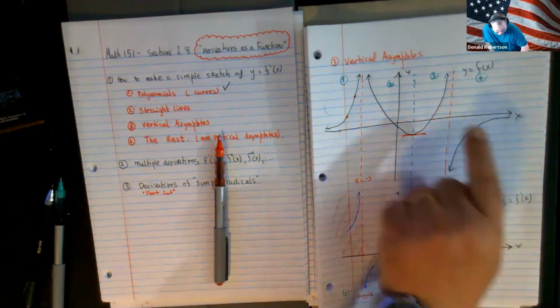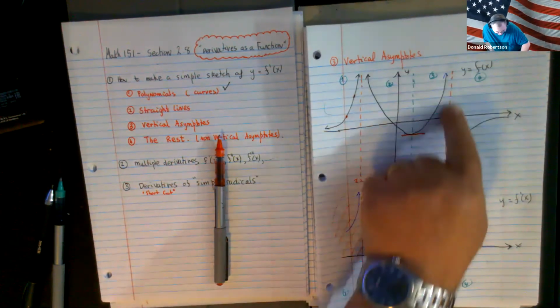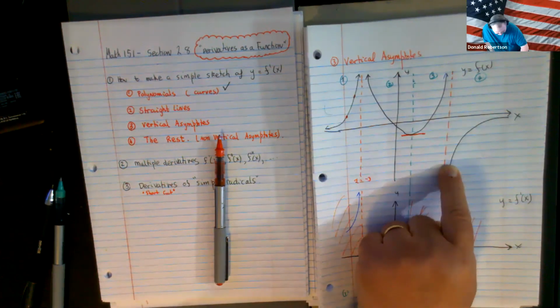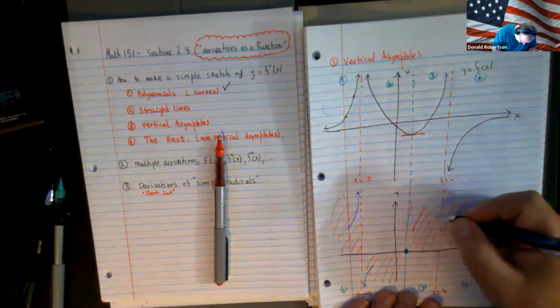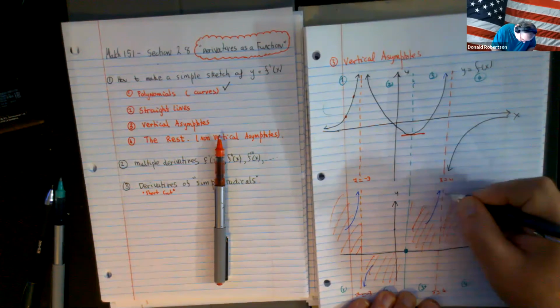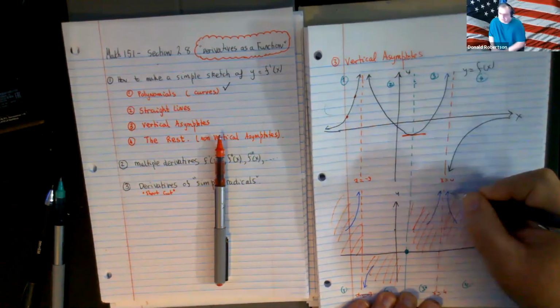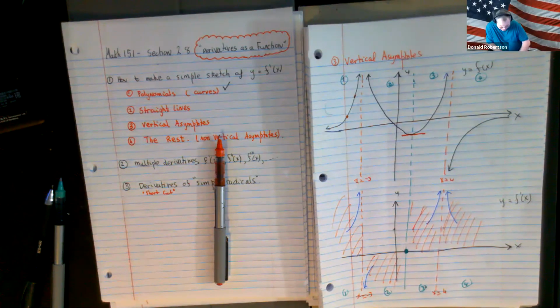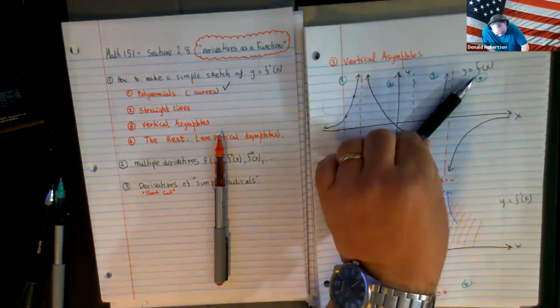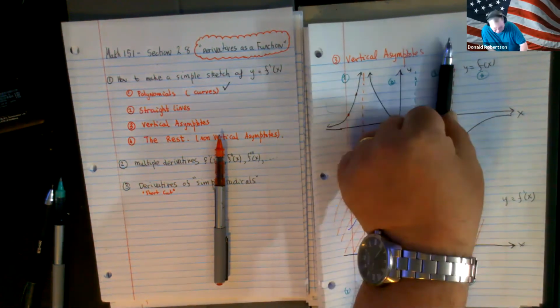Now, let's look at this guy. Vertical asymptote. Vertical asymptotes generate vertical asymptotes. Can you see in this case both are positive? Can you imagine? 10, 20, 50, a million.